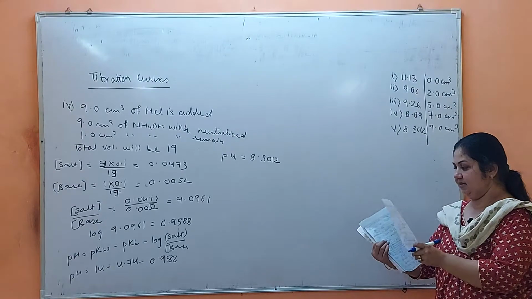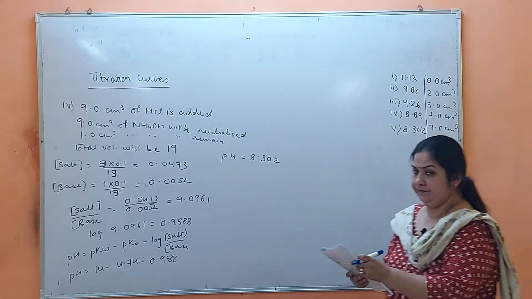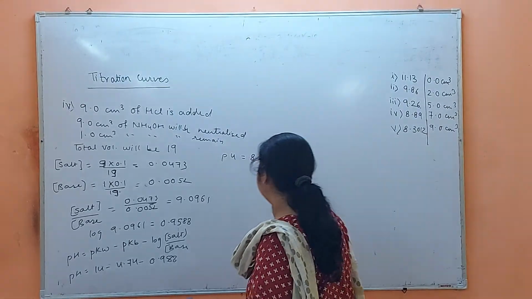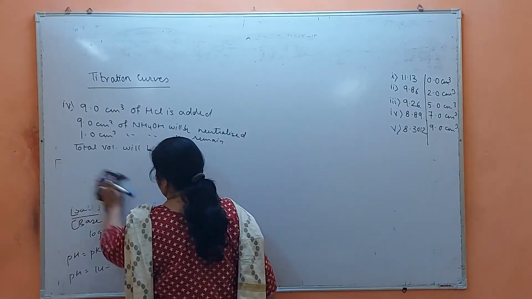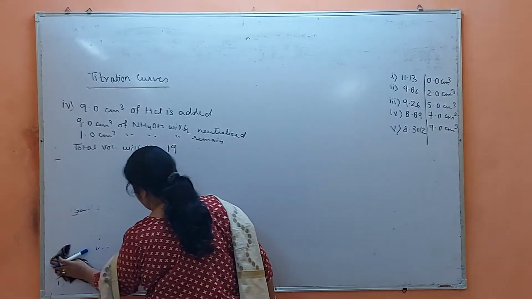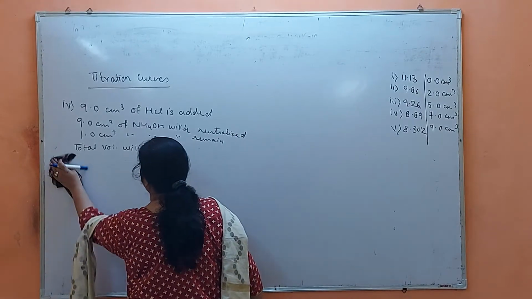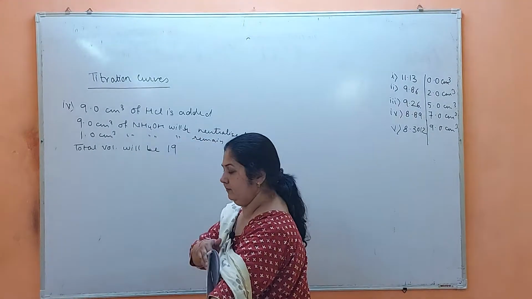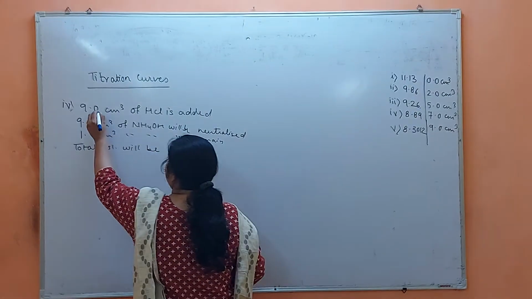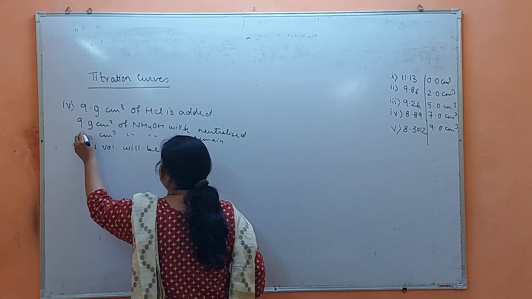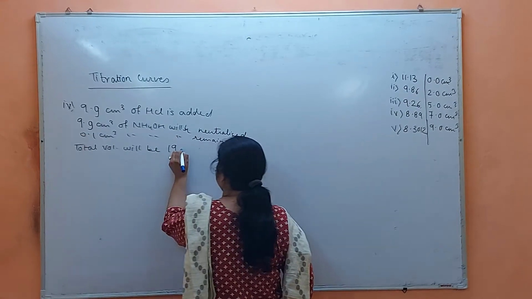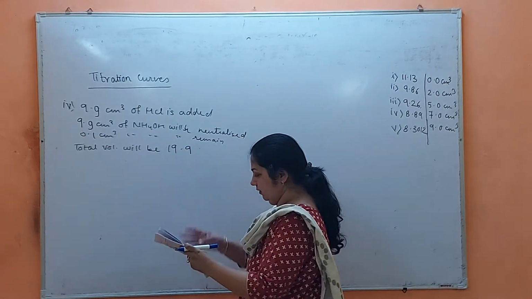Now the next stage is when we are adding 9.9 cm cube. See here, 9.9 cm cube is added, so you will get this, and here it will be 0.1, and here it will be 19.9 total volume.